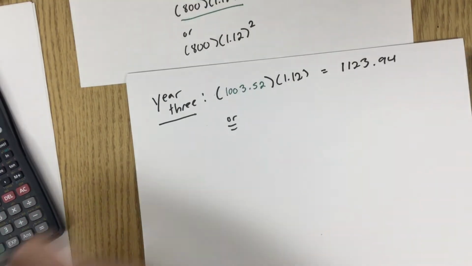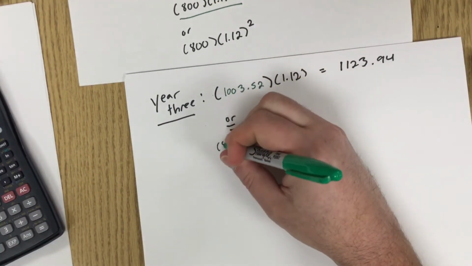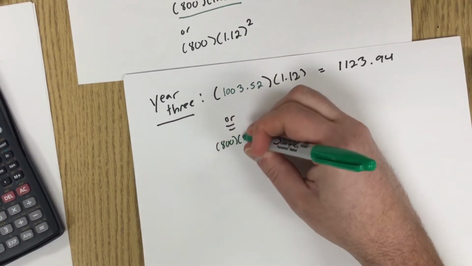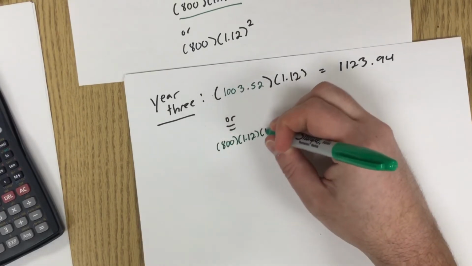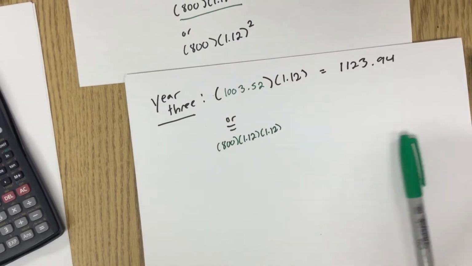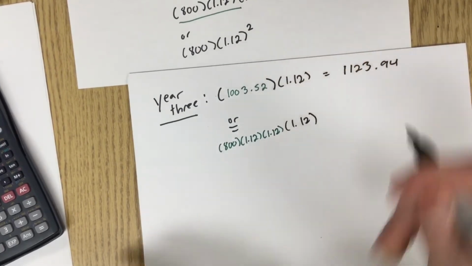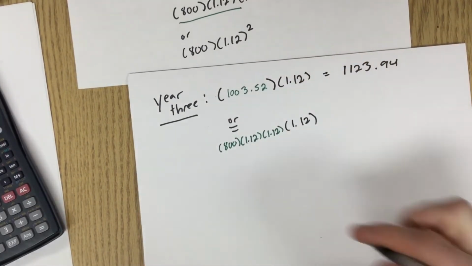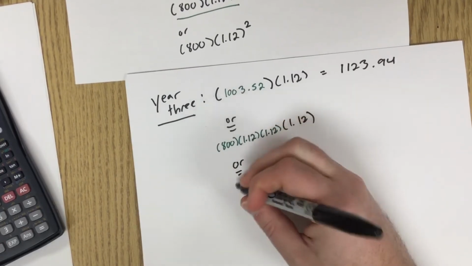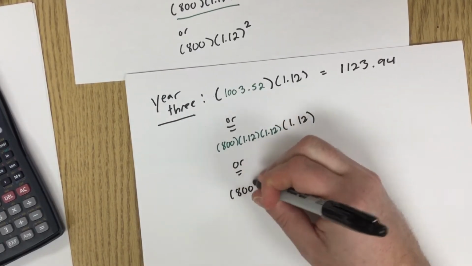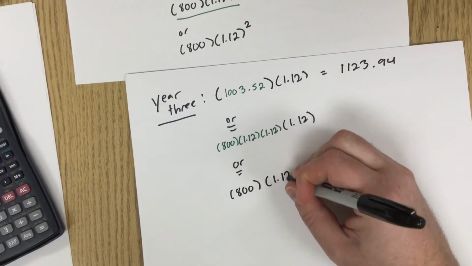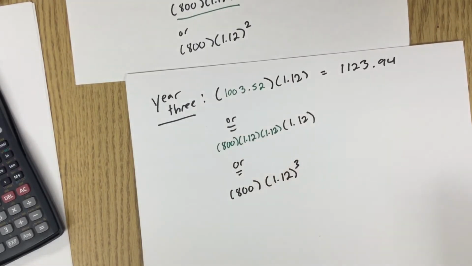So this one is going to be 800 times 1.12 times 1.12 times this 1.12. Or another way of writing it would be 800 times 1.12 cubed.